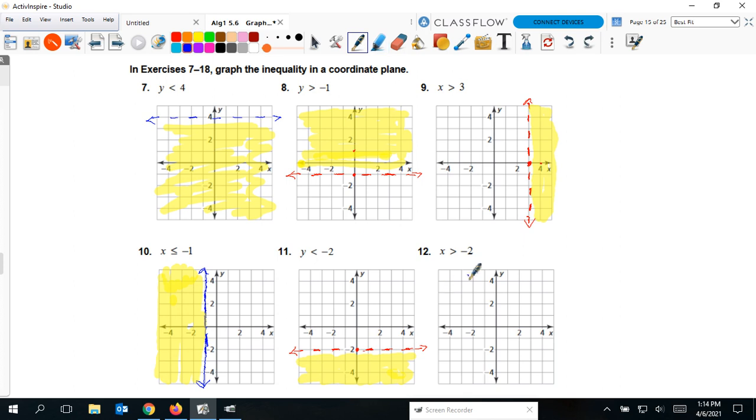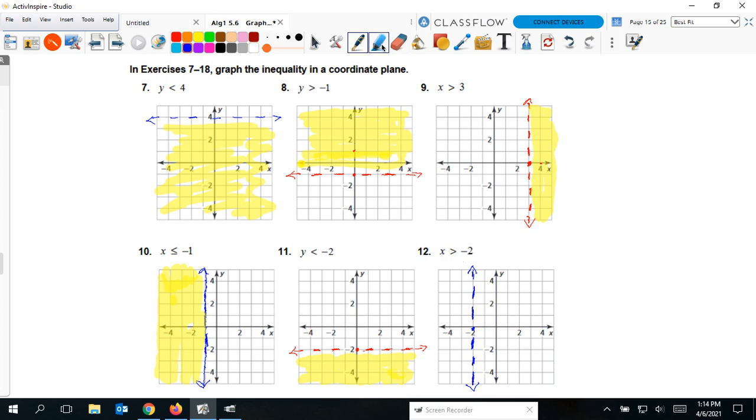And then number 12, this one's also an x, so it's vertical. So right here at -2 on the x, and it is a dashed line. We got to make it dashed because there is no equal to on this one. Equal to means it's a solid boundary line. And now this one's going to be shaded on the right side. It says x is greater than that.